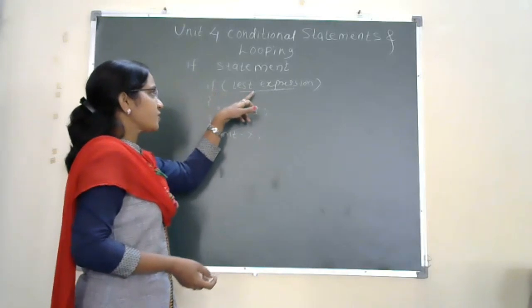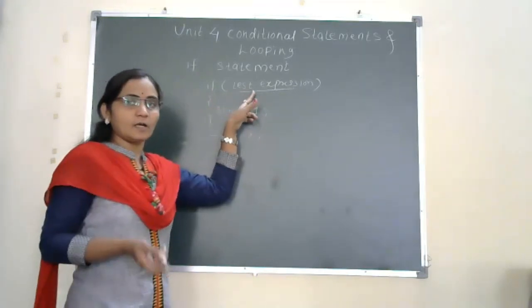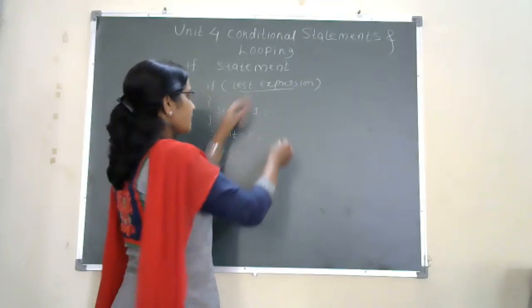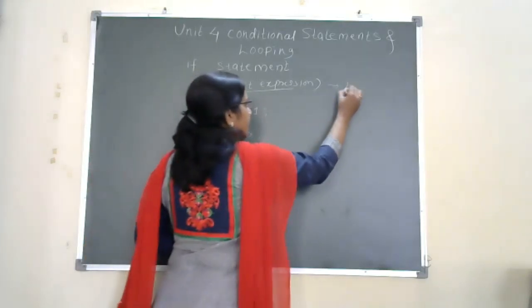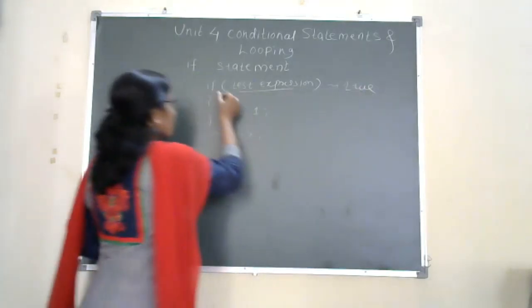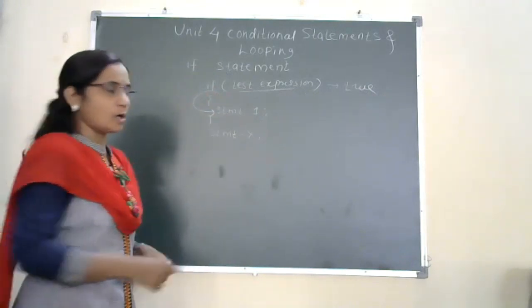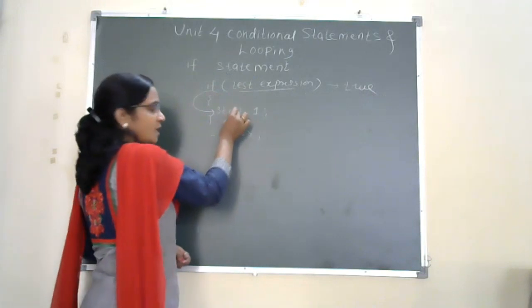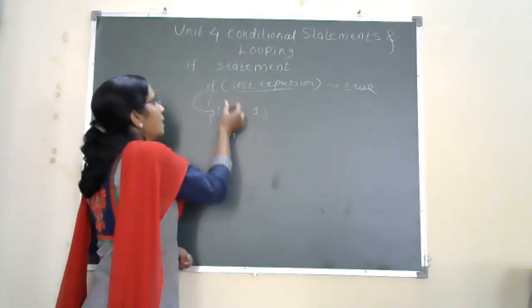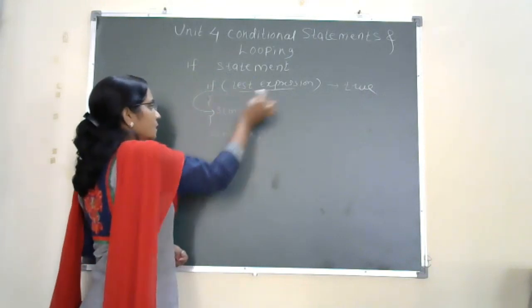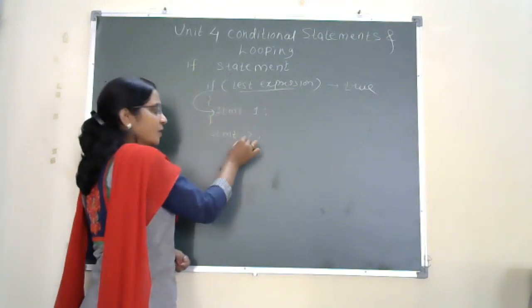First of all, this test expression will be evaluated. If the result of the test expression is true, then the control is directly jumped to the statement 1 block and it evaluates statement 1. After that, it evaluates statement X.